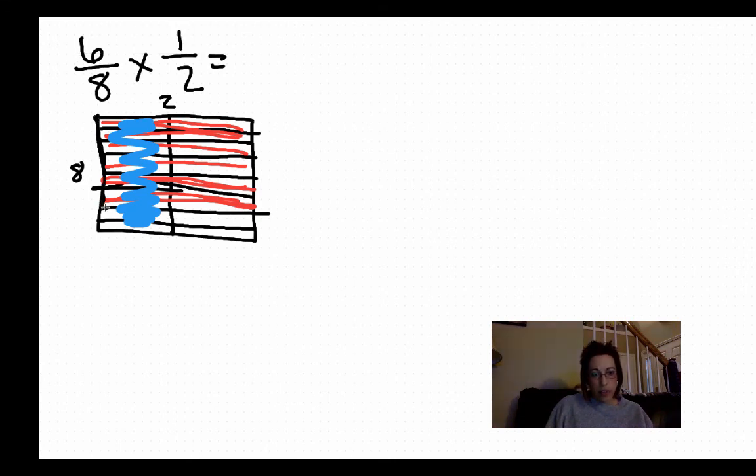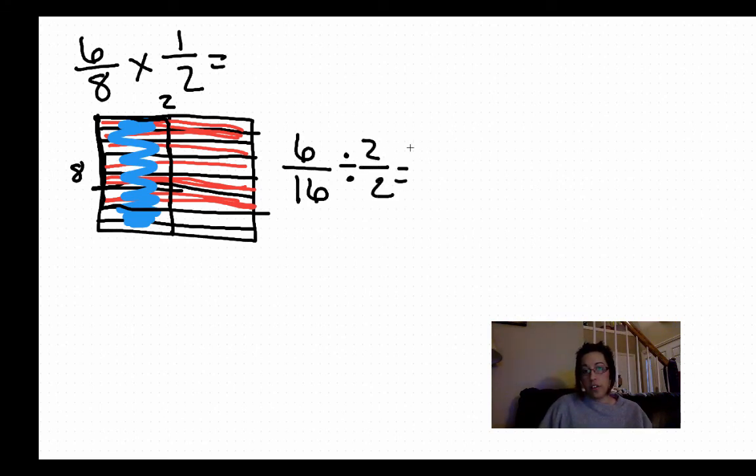We're talking about these 6, where we have both the blue and the pinkish red in there. 1, 2, 3, 4, 5, 6. And we have 8 down, 2 across. That would be 16. And I know both of these are even, but 6 will not go into 16, so I'm going to try 2. So that would be 3/8.